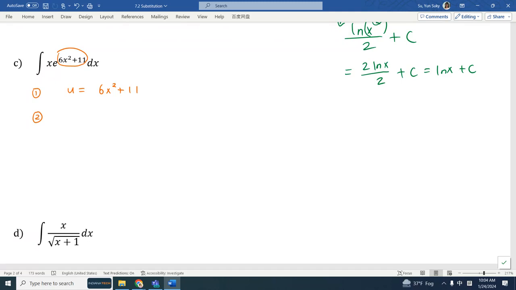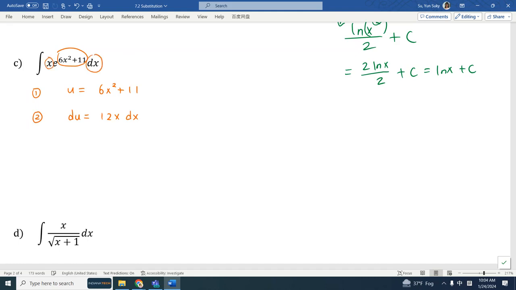The du. The derivative of 6x squared is 12x. And the derivative of 11? 0. And then from there, we use the antiderivative. Not yet, we plug in.